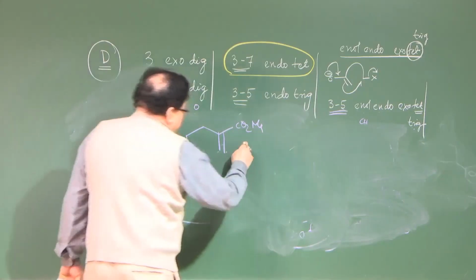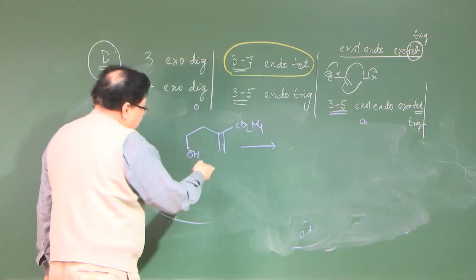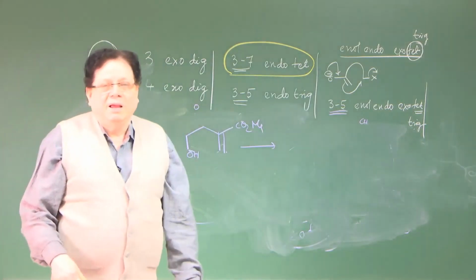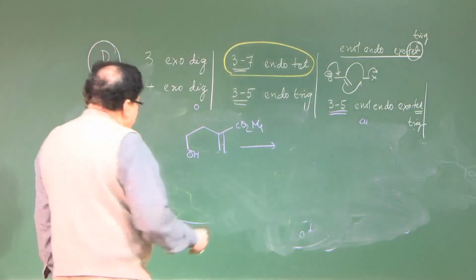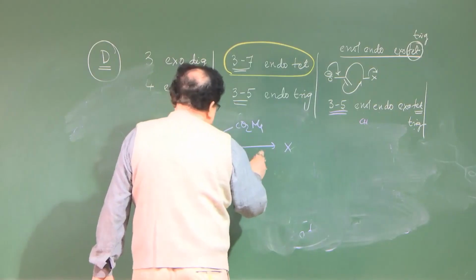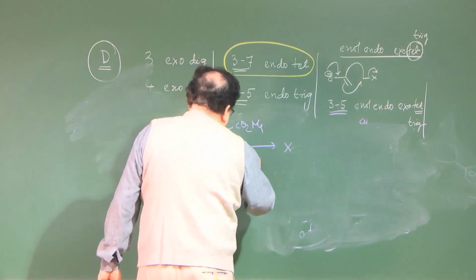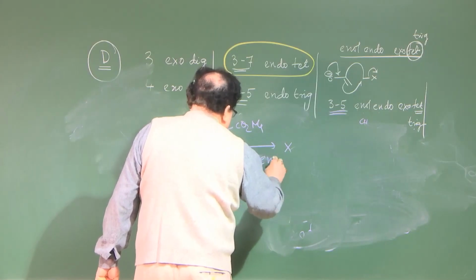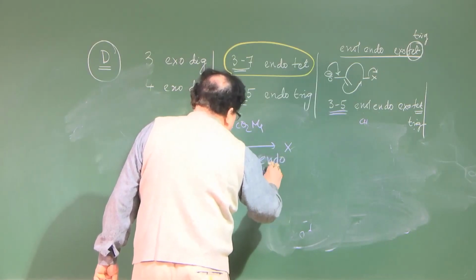If you try to do this cyclization in the presence of base or acid, both are possible agents, okay. But this reaction does not happen because it is nothing but a 5 endo trig process, which is not allowed.